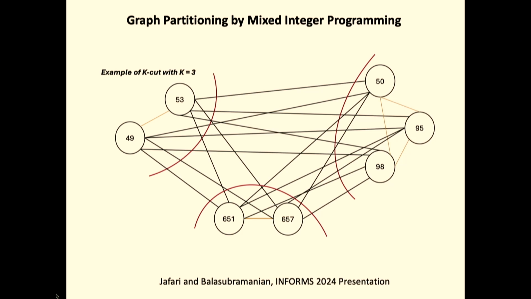Now you have this massive graph, and you specify that you want k cuts of this graph, which means you want to partition the nodes into k disjoint subsets so that the total sum of that correlation value is maximized within each partition.